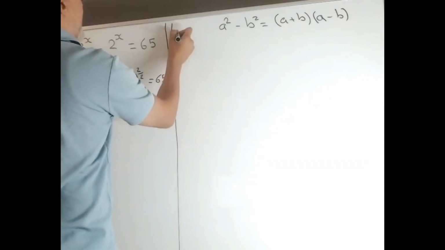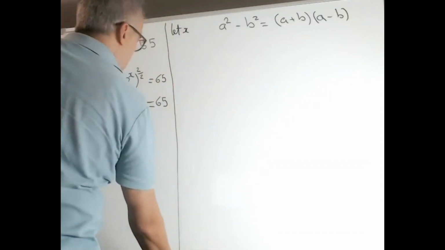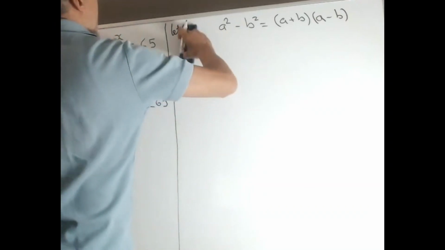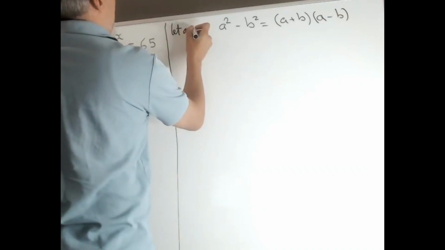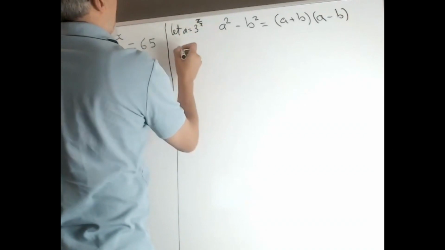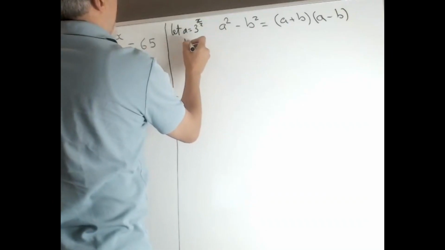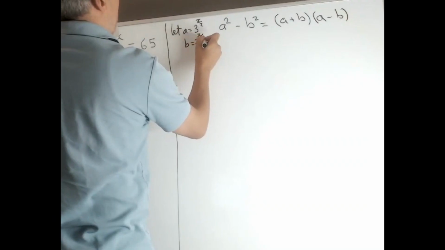I'm gonna let a be the 3 to the x over 2, and b the 2 to the power of x over 2.